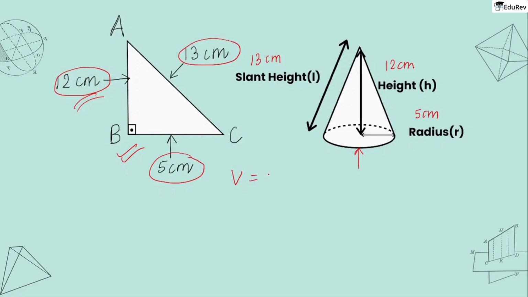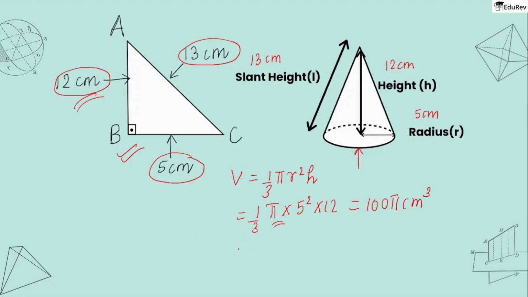Now, as discussed earlier, the volume of a cone is given by 1 by 3 times pi r squared h. Therefore, the volume of the right circular cone is equal to 1 by 3 times pi times 5 squared times 12, which comes out to be 100 pi centimeter cube, which is our answer. You can also put the value of pi, which is 22 by 7, to get the simplified answer.